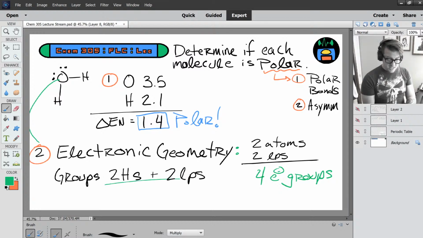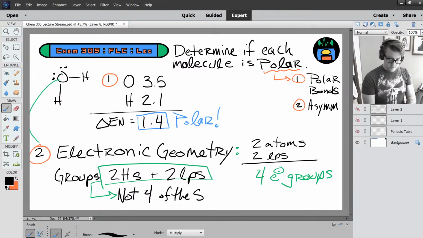Because these are not the same, this is not 4 of the same thing, that means that we're dealing with an asymmetric case, right?